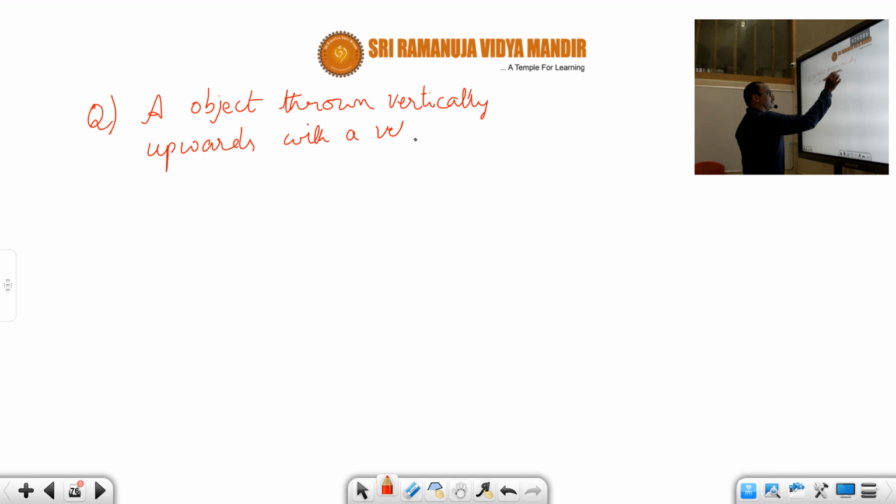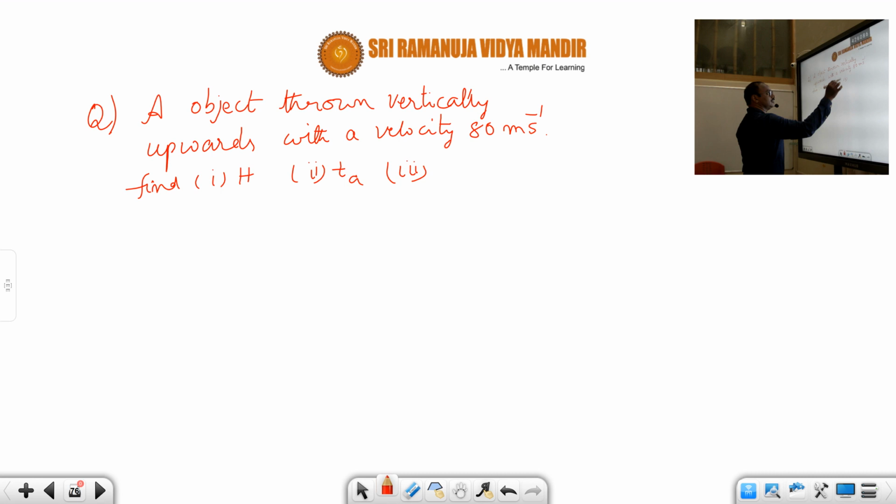Then they are asking to find, first, the maximum height, second, the time of ascent, third, the time of descent, and fourth, the time of flight. These are the terms they are asking to find.